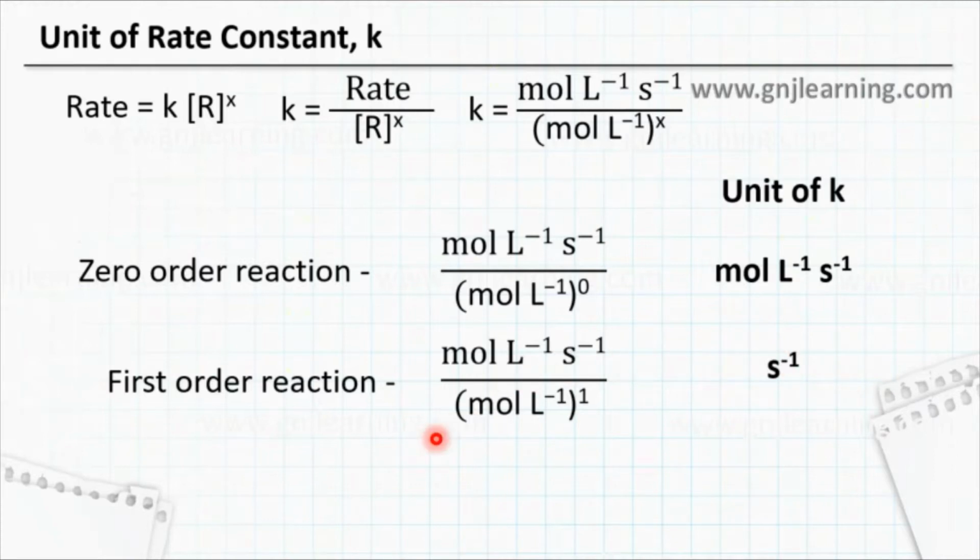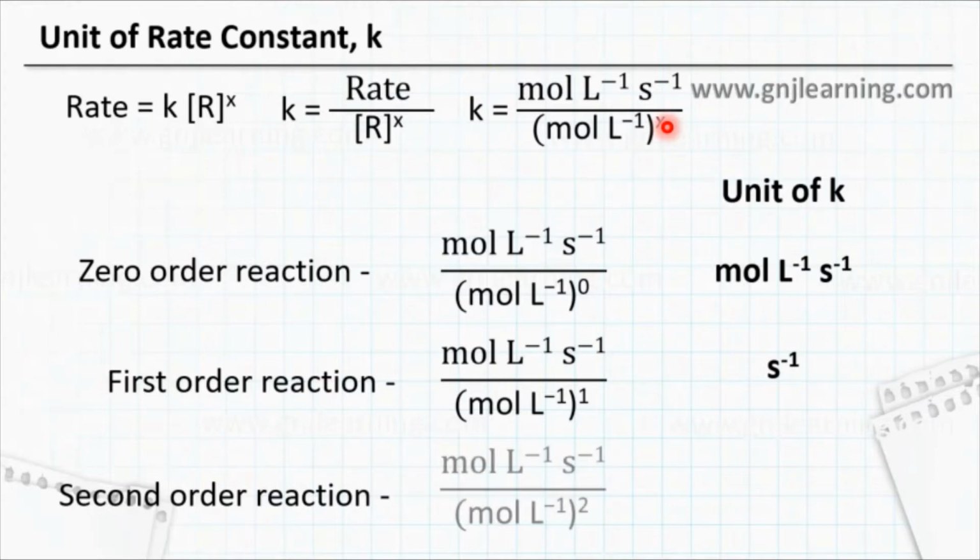For the second order reaction we will have the same equation, provided that the value of X here will be equal to 2. If you substitute, you will get mole liter raised to minus 1, second raised to minus 1, divided by mole raised to 2, liter raised to minus 2. One mole out of mole raised to 2 will cancel with this, and one liter from liter raised to minus 2 will cancel with this one.